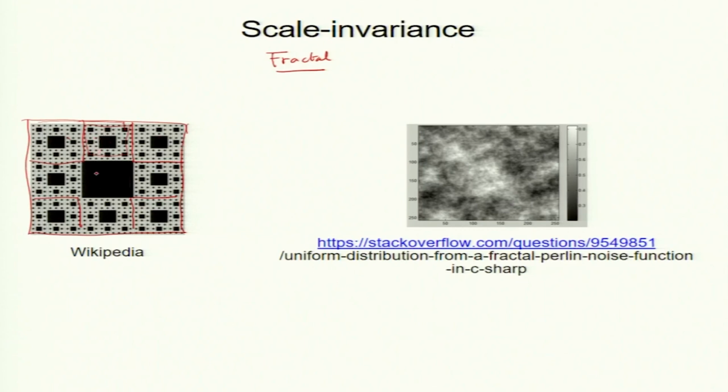Now you go further inside, and looking at these squares, you can again make 8 of them. Can you see the green one? It is tiny, but it again has the same behavior as the big block, except it is shrunk.